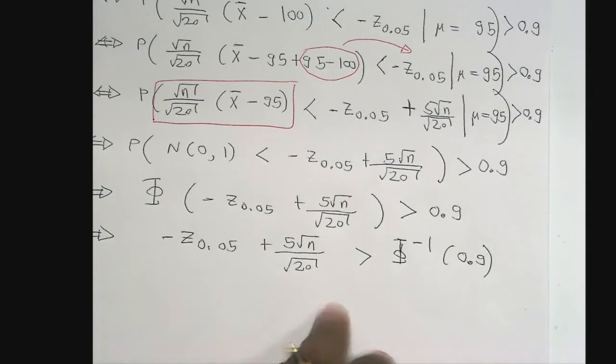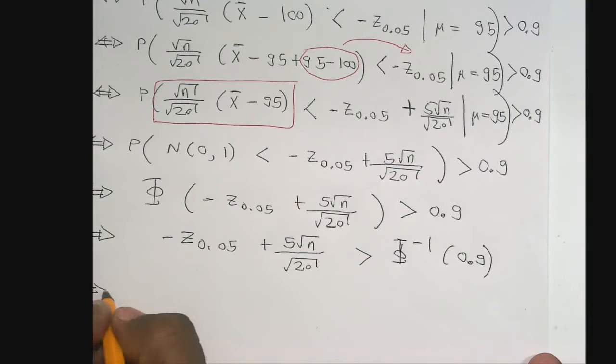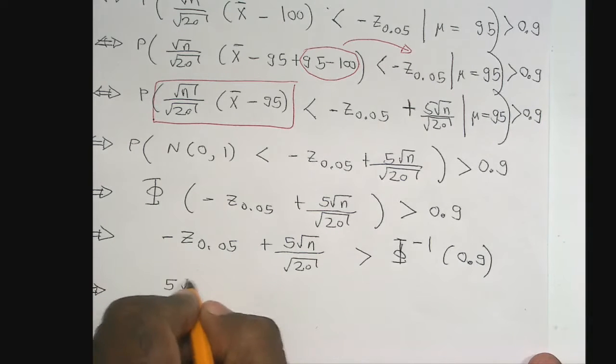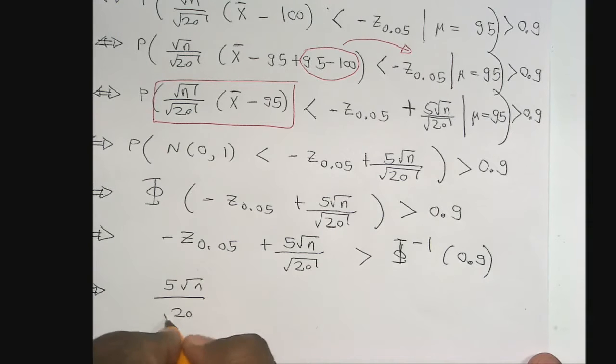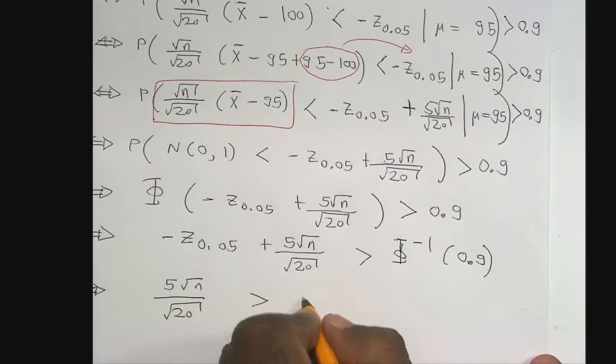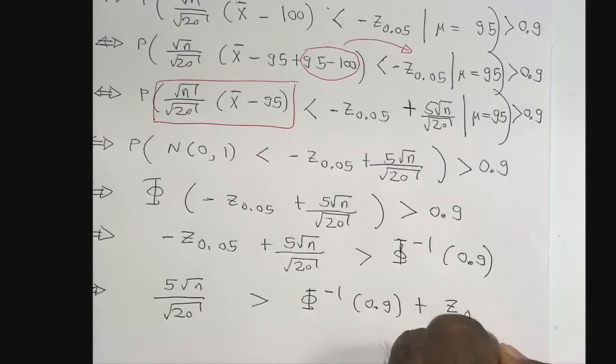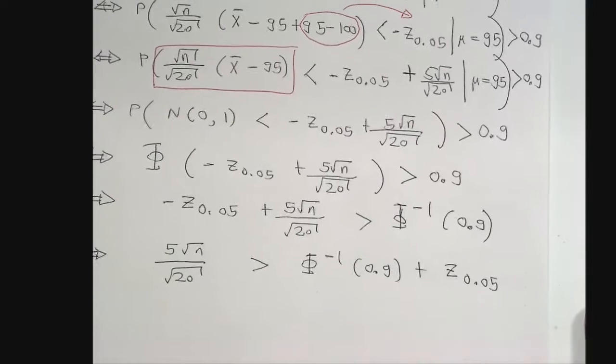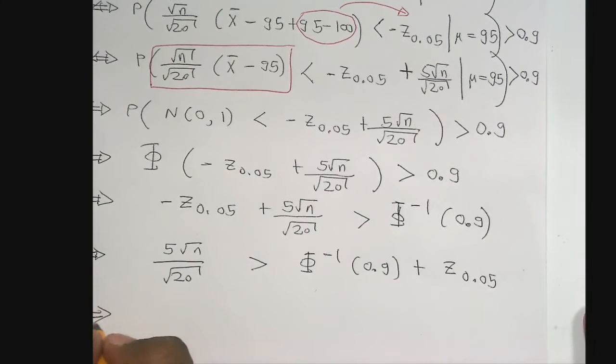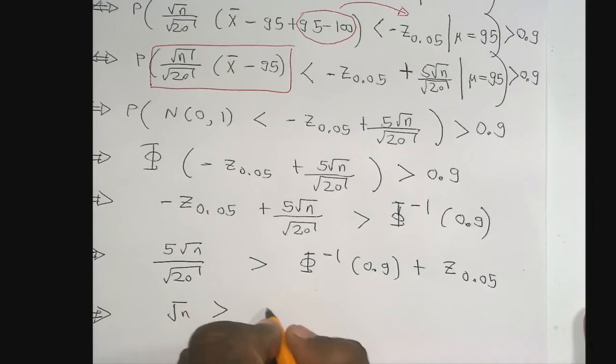So this becomes 5 root of n divided by root of 20 greater than... right.